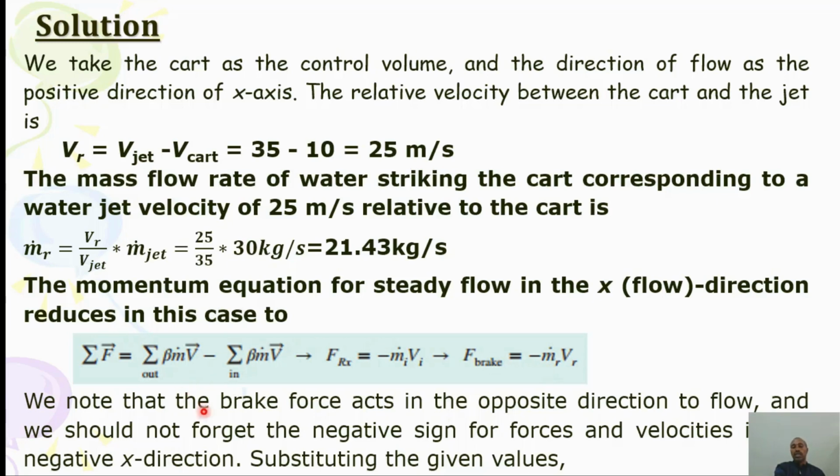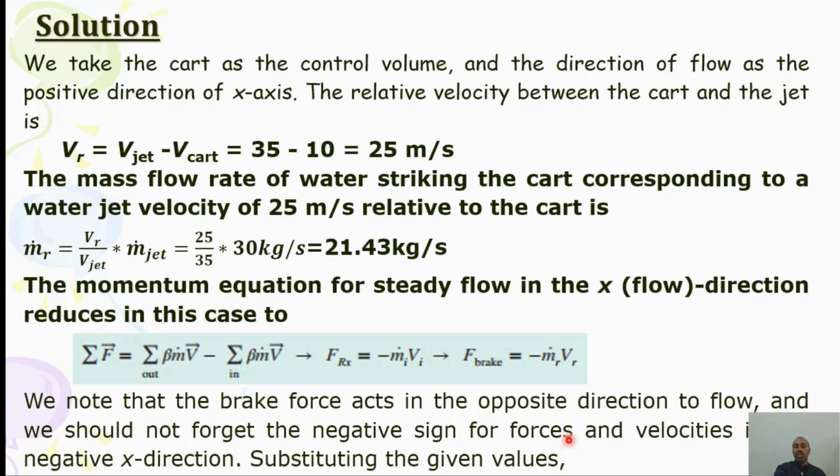So we note that the brake force acts in the opposite direction to the flow, and we should not forget the negative sign for forces and velocities in the negative x direction. The cart is moving to the right, and the jet is also applying to the right, so you have to consider the opposite of this one, you have to make it negative.